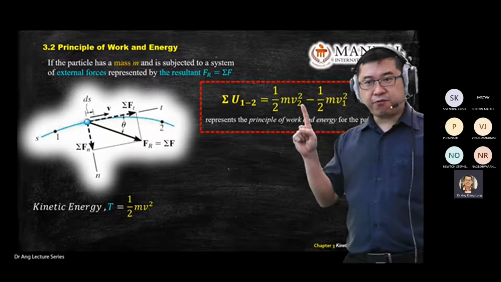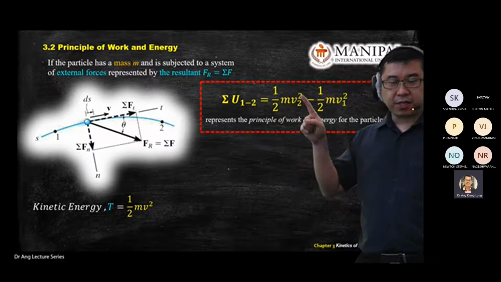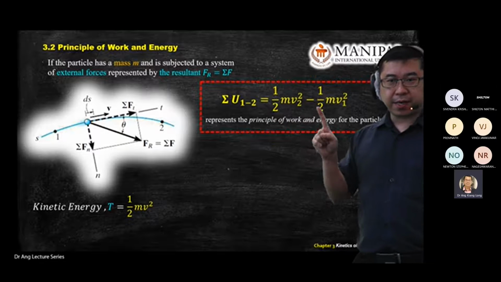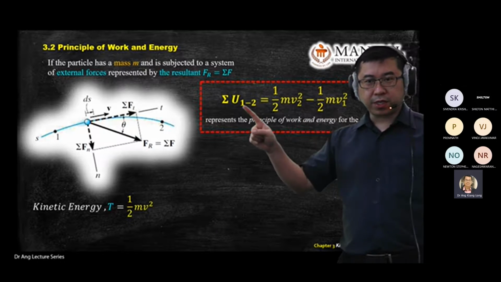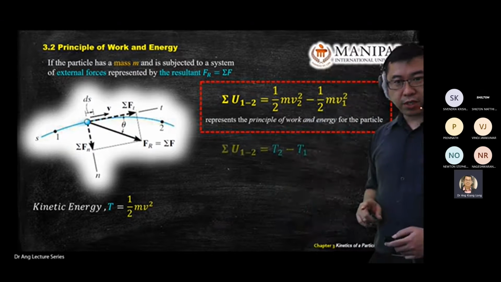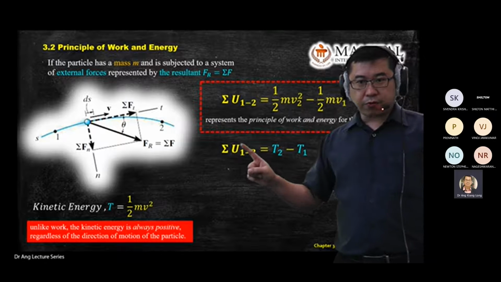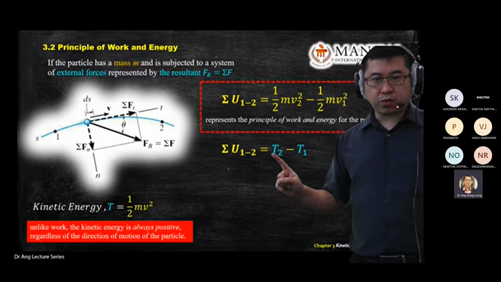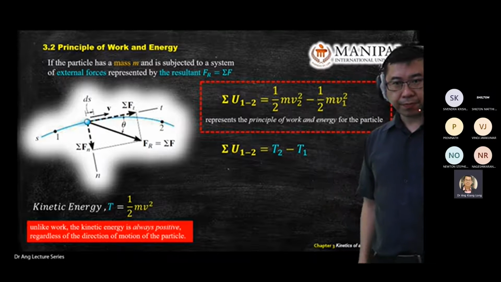Half mv squared is kinetic energy, so you take the energy after minus the energy before. We name this equation the principle of work and energy. You can write it this way: sum of U sub 1 to 2 equals T2 minus T1. So this is a form.